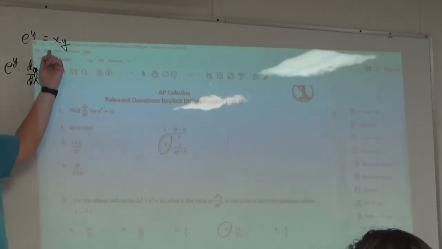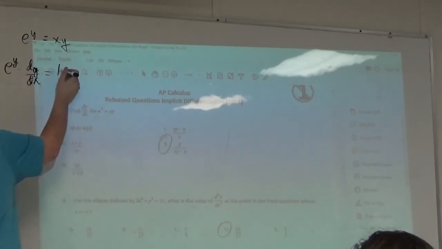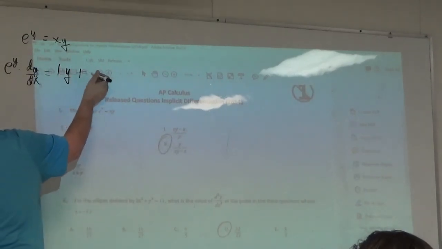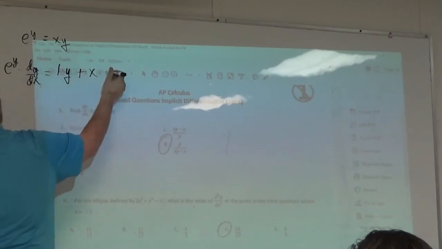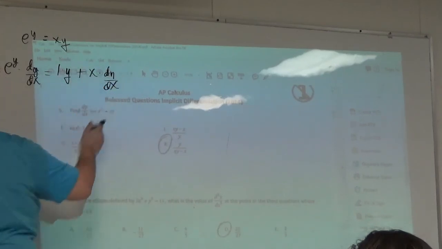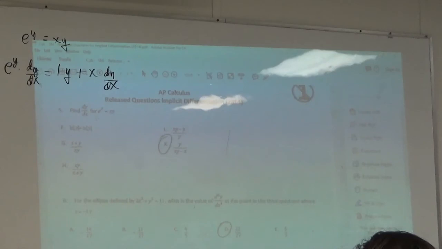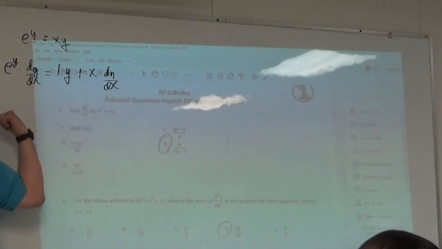Product rule. So we take the derivative of the first, which is 1, times y, plus leave the x alone, times dy/dx. You want to solve for dy/dx. I've got dy/dx over here, I've got dy/dx over here. We just need some algebra to move them together.